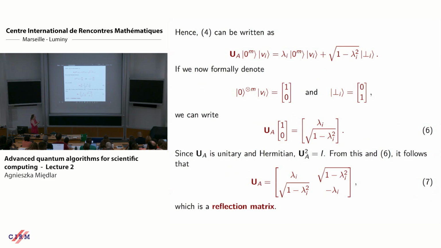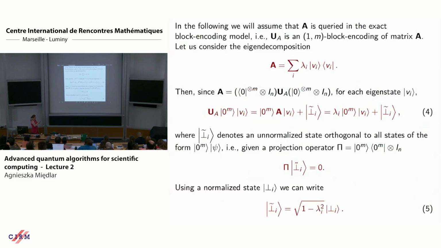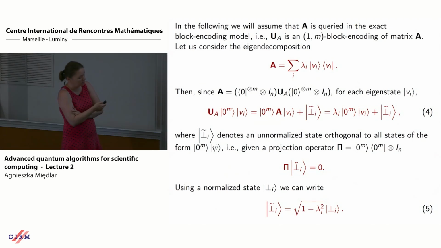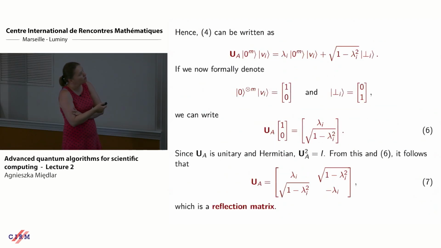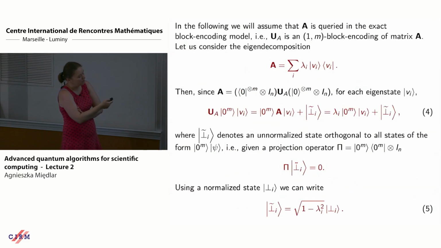Okay, so now if I do the calculation from before, let me just go back. I apply UA to this object, which I now denote by 1, 0, and I use the following definition. I know that this is 0, 1 in my notation, and I also know that this is lambda times 1, 0.